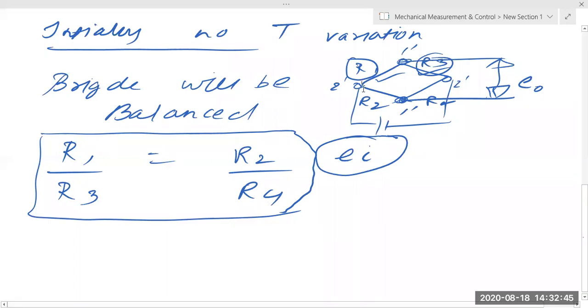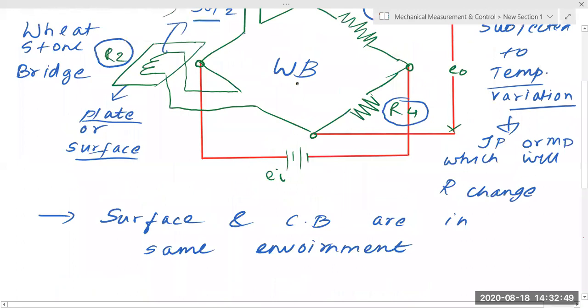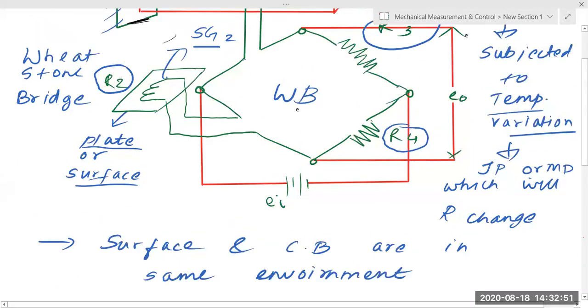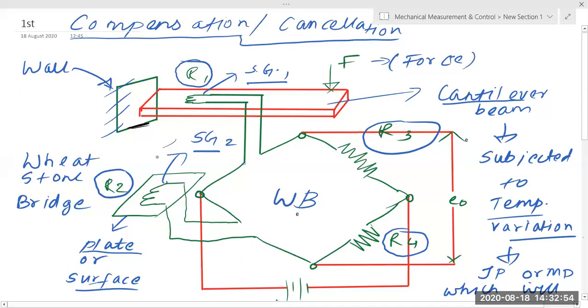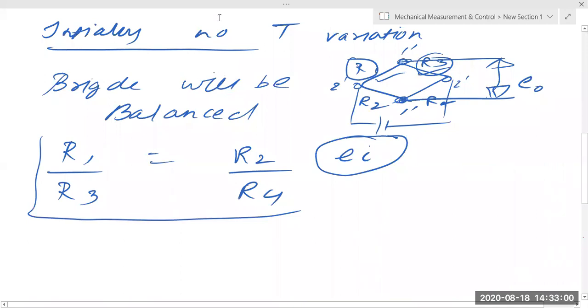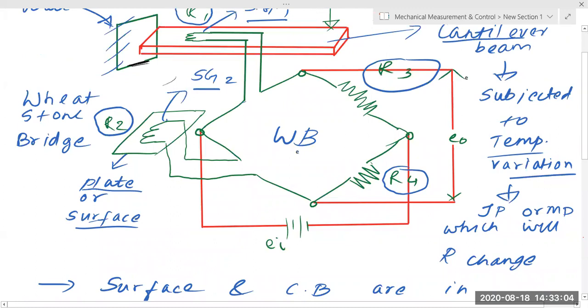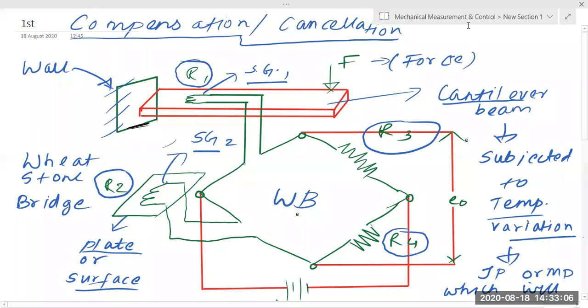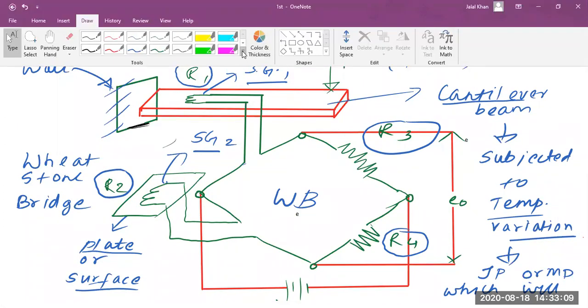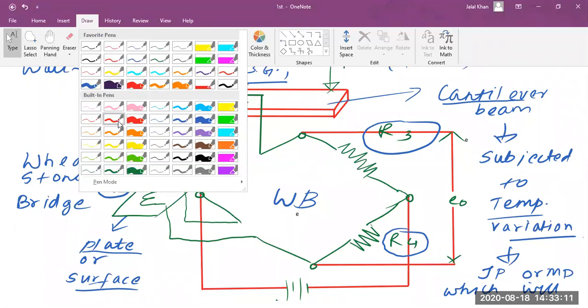So what we have got is R1 by R3 is equal to R2 by R4. Now, I already told you both are in the same environment. Now suppose there is a temperature variation. Just give me a second here. I'll use a different color for you.